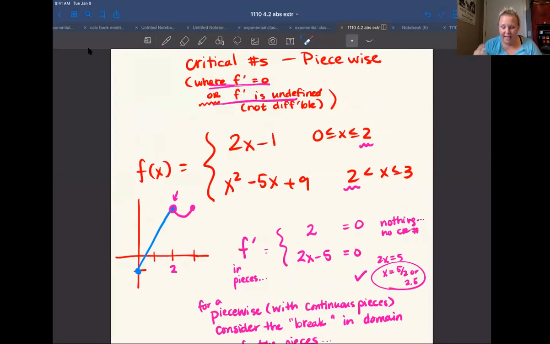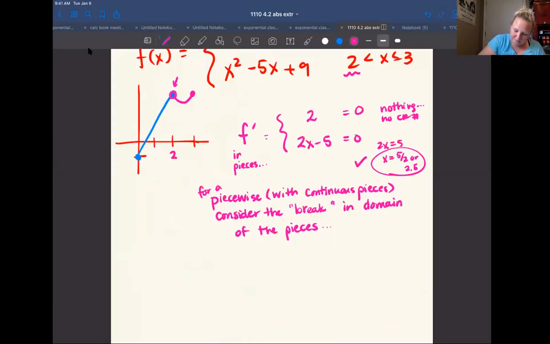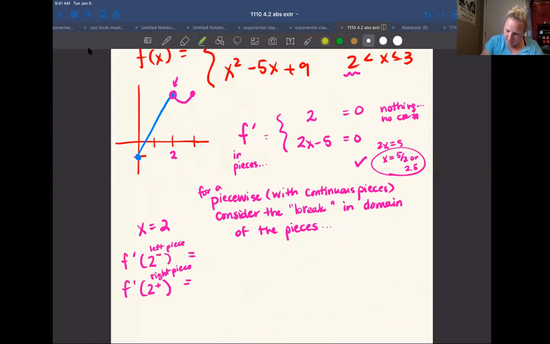So not only do you have to take the derivative of the pieces and see what could make them 0, you also have to consider at the x value of 2, the derivative of the left piece, with this little minus sign, versus the derivative at 2 from the right piece. Some of you have seen these before with left and right hand limits.